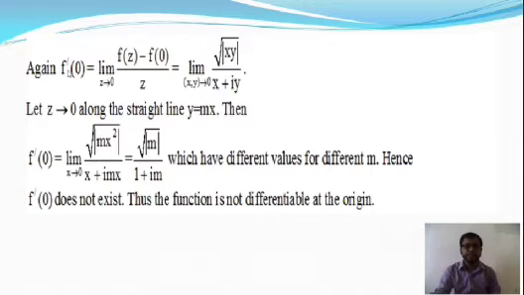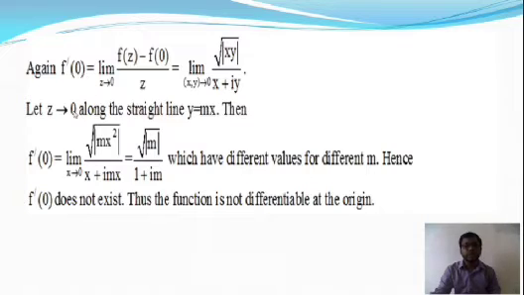So here we are going to find the first derivative of f, that is f dash z, at any point. In this problem the point is 0, 0. We are going to show that f dash z does not exist at the point z equal to 0, the origin.